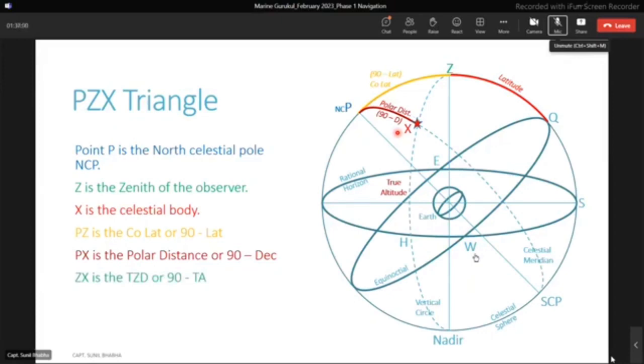Now, if you move on to the third side of the PZX triangle, the third side passing from Z, going up to the X and going up to the nadir, is the vertical circle passing from the body.